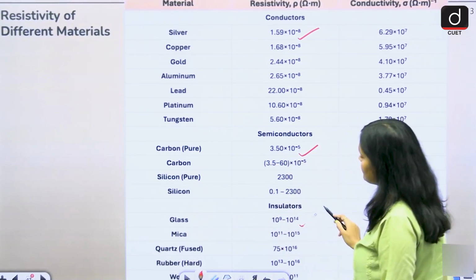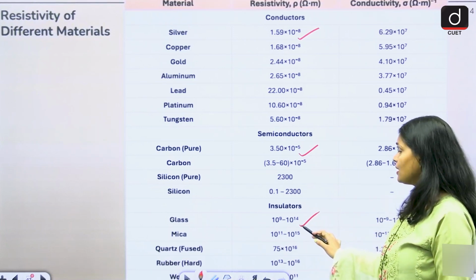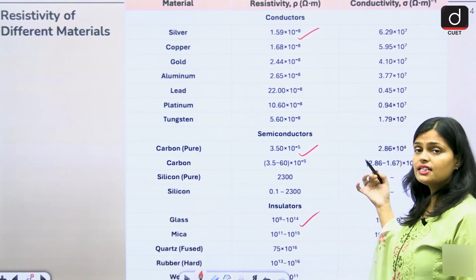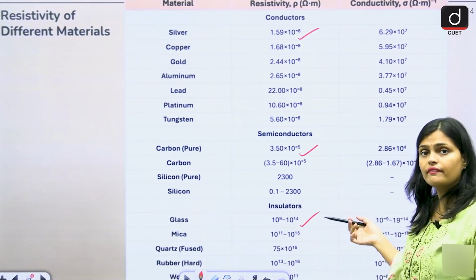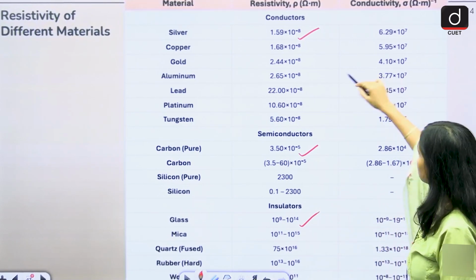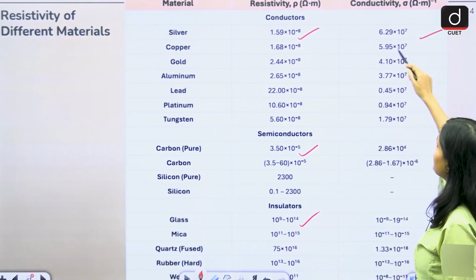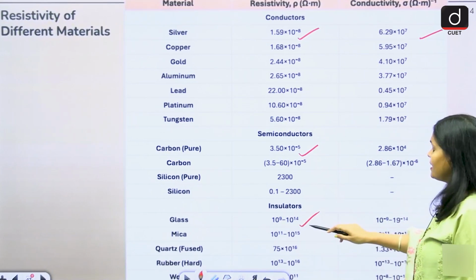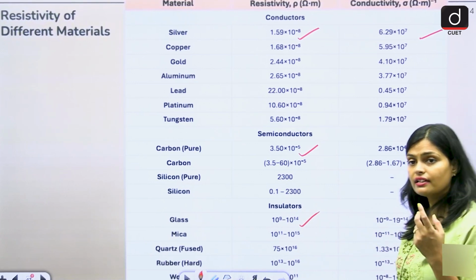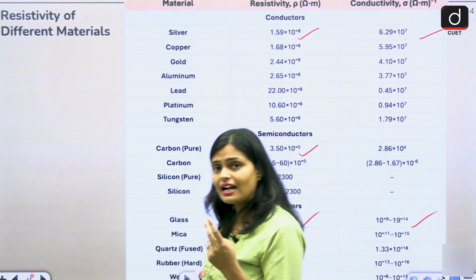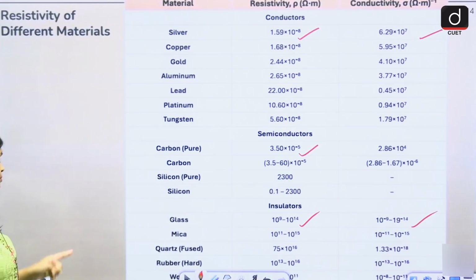And for glass the resistivity is very high, between 10 to the power 9 and 14. The higher the resistivity, the less the conductivity. So see, here the resistivity is very less, so conductivity is very high. Resistivity is very high, conductivity is very less. So again the relationship between resistivity and conductivity is reciprocal or inversely proportional.